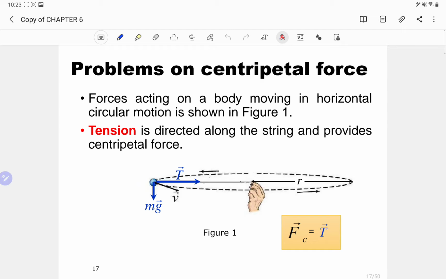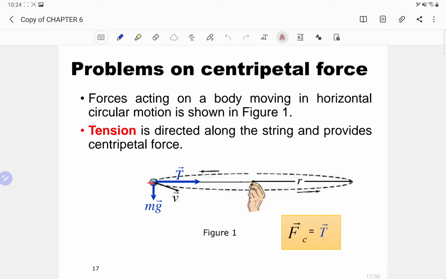Right, so now we look at the problems for centripetal force. Okay, we know that the centripetal force direction is always towards the center of the circle. But this centripetal force will be contributed by different types of force according to different cases. Okay, for example, in this case over here, we have a string making a horizontal circular motion.